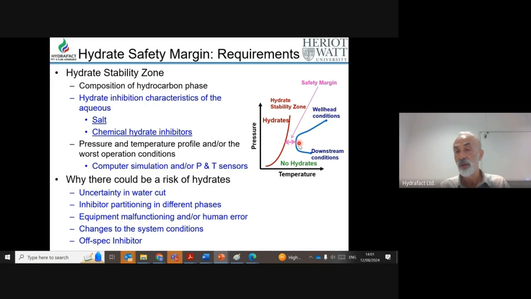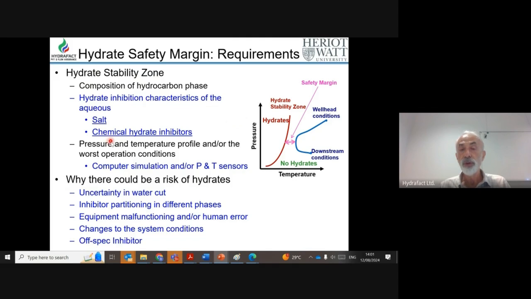This is the pipeline condition. So the hydrate stability zone depends on the hydrocarbon phase that normally doesn't change, and composition of aqueous phase that depends on the salt and chemical hydrate inhibitor.